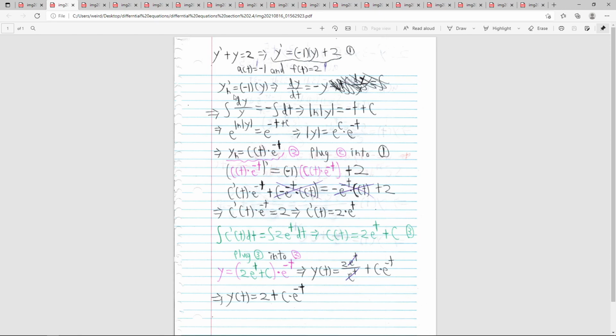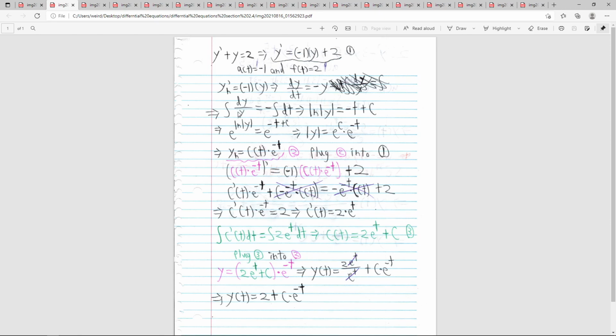So for y, the homogeneous, we're basically doing it as a homogeneous solution. We have y prime equals -1 times y just by itself. We get rid of the f term, and we essentially solve this like it's a separable equation, especially in this case. dy/dt equals -y is all it is.